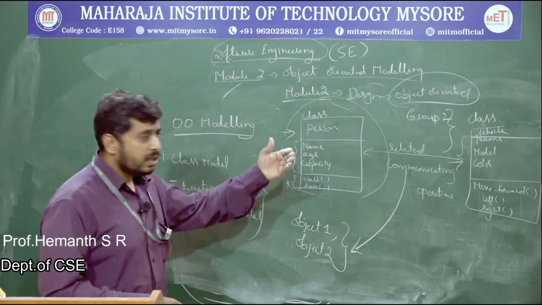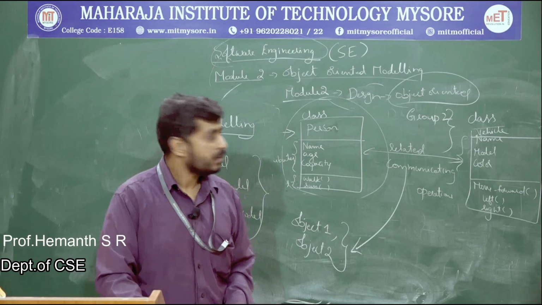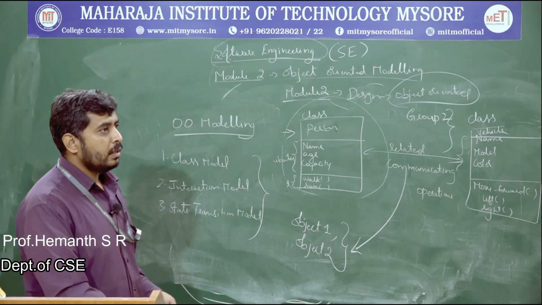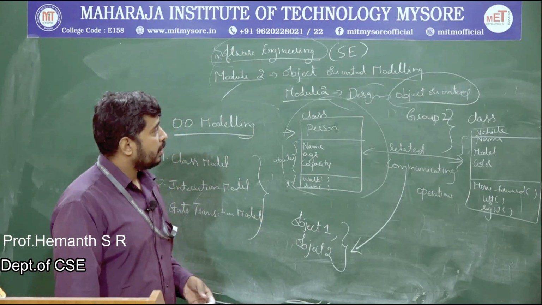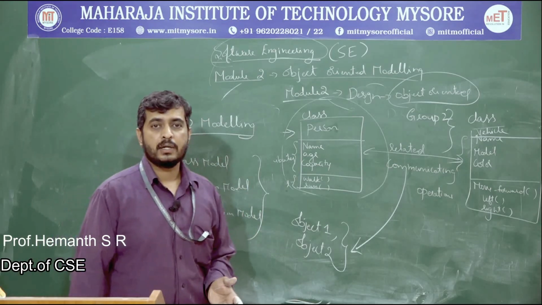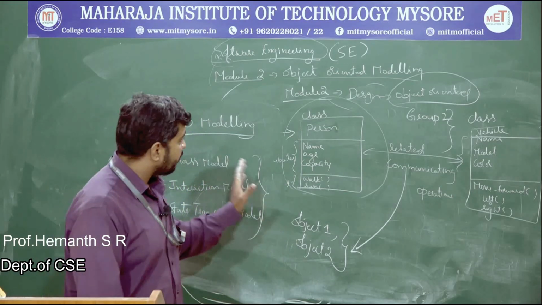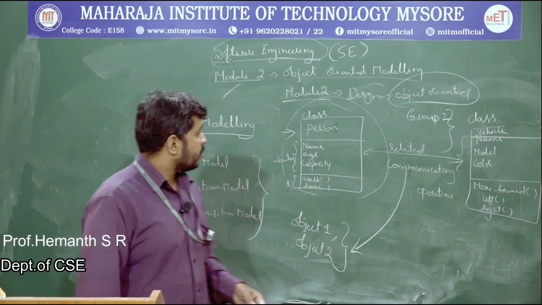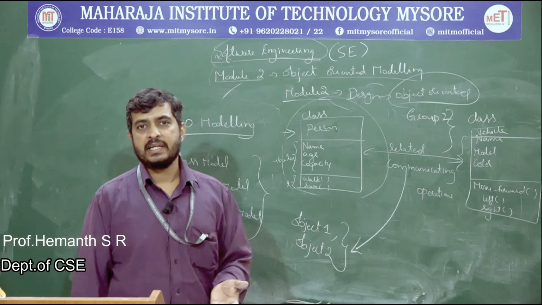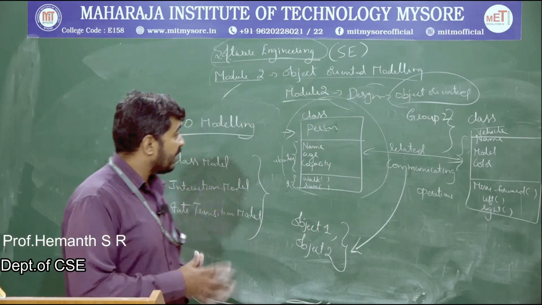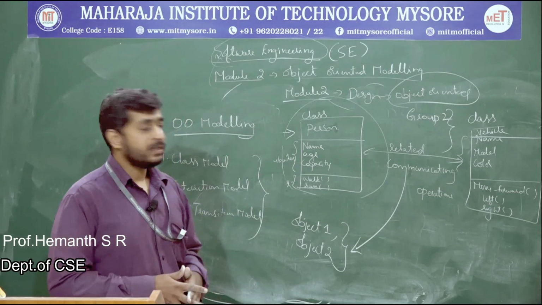We explored different reasons why it is so popular, why it is so acceptable. Also we understood how exactly object oriented modeling goes with software engineering principles, and what are the different stages in object oriented modeling. It started with object oriented analysis, where we identified the entities and relation between the entities. We classified the entities. Then we went into the design part.